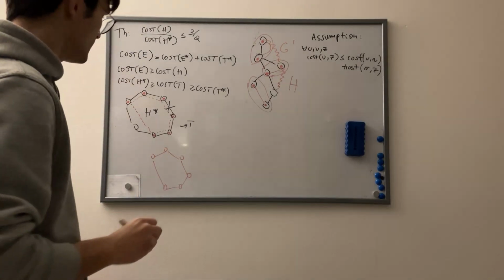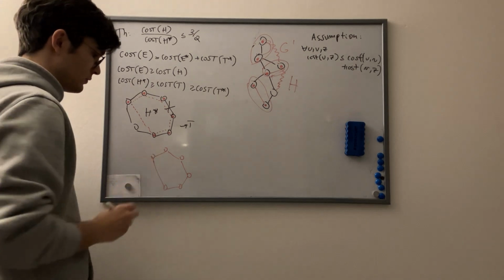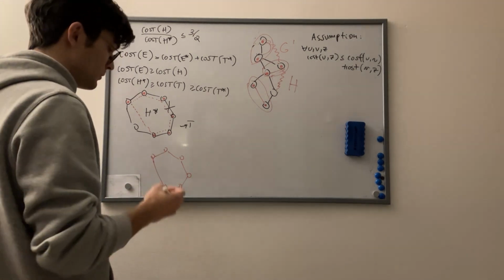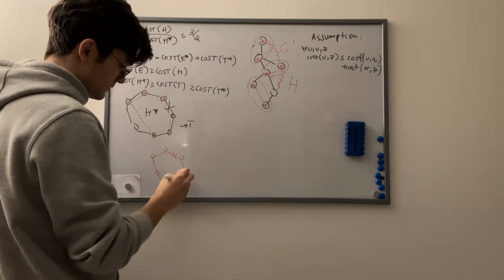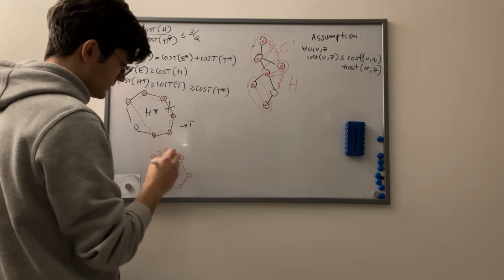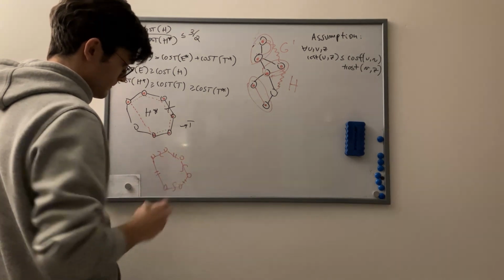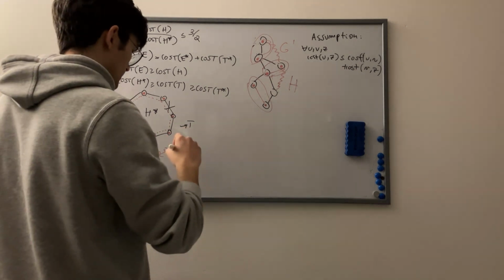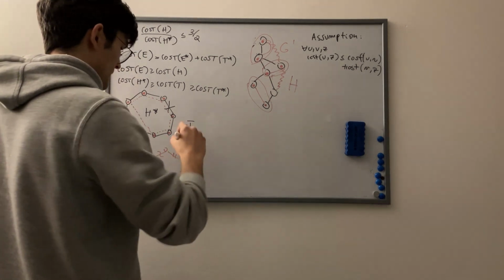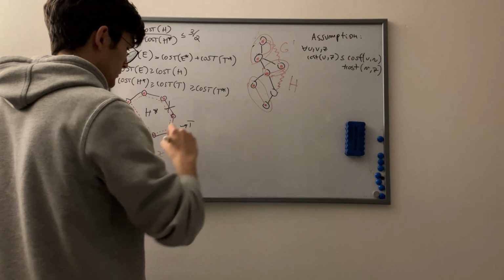We can see this specific Hamiltonian tour as a combination of two matches. So, for example, this is a match, and this is another match. We call the tour gamma.